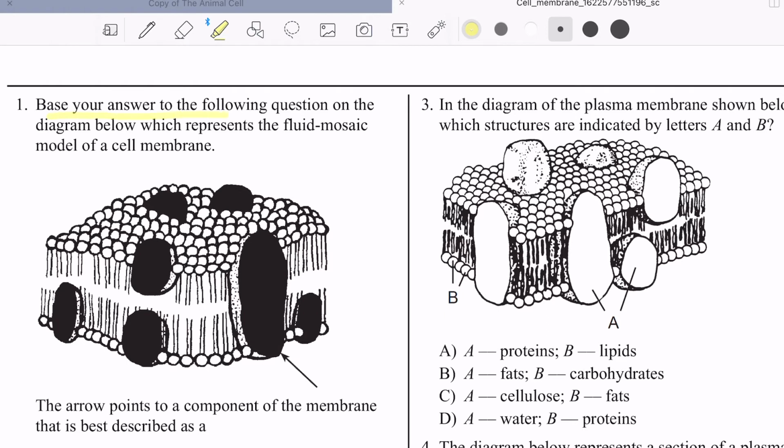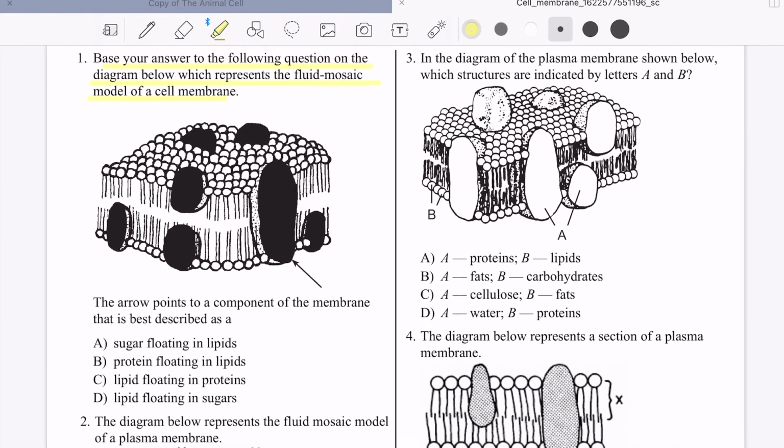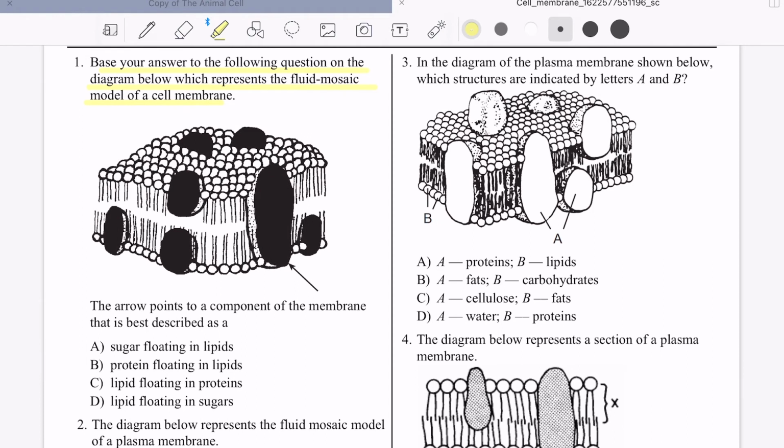Base your answer to the following question on the diagram below, which represents the fluid mosaic model of a cell membrane. Let's take a look. The arrow is pointing to a component of the membrane that is best described as, before you even look at the answers, remember what we said this is?